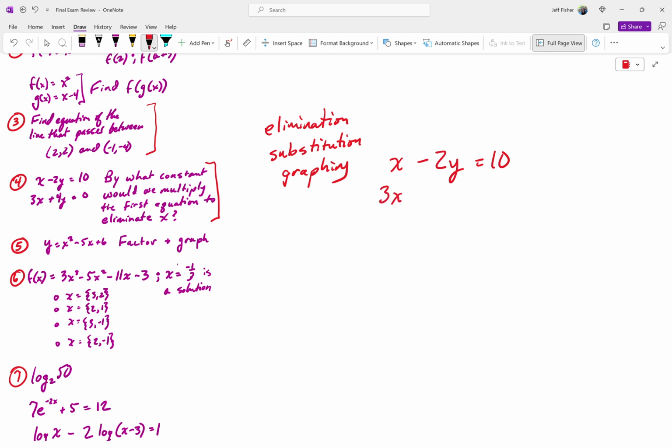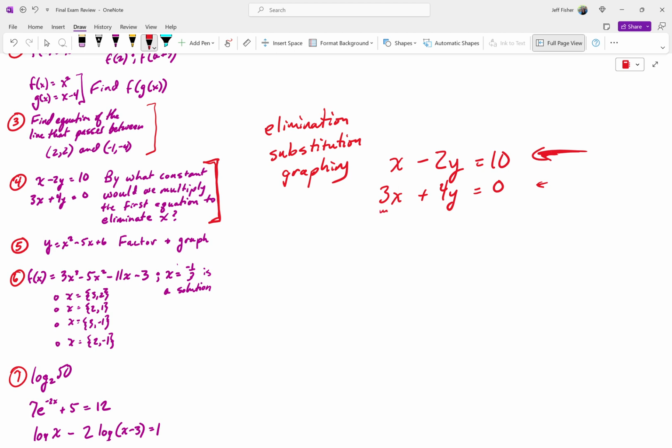Well, here's our system. x minus 2y equals 10, and 3x plus 4y equals 0. And it asks, by what constant would we multiply the first equation, this one, to eliminate x?